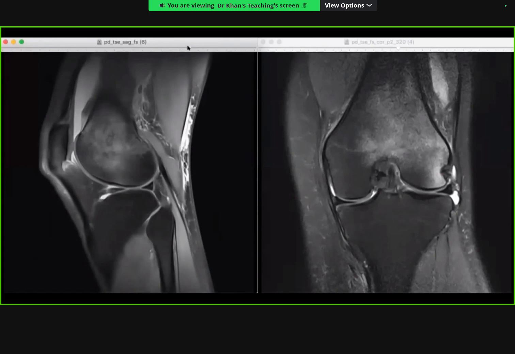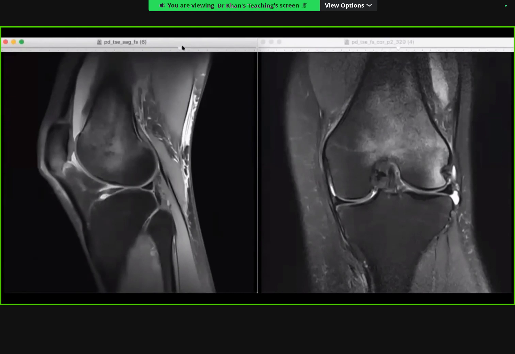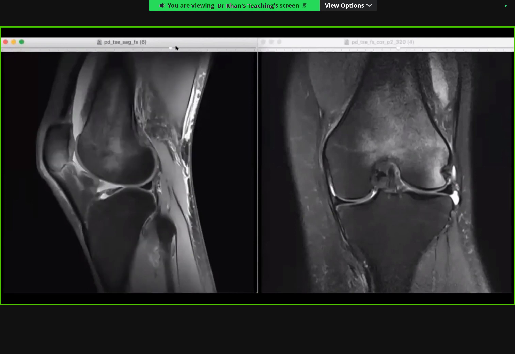There's no evidence of meniscal edema there. Just having a closer look at the lateral meniscus as well. I'm concerned about the posterior horn of the lateral meniscus because it's significantly smaller than the anterior horn, but I've not seen any evidence of an obvious tear yet, so I'm just going to have a closer look again.